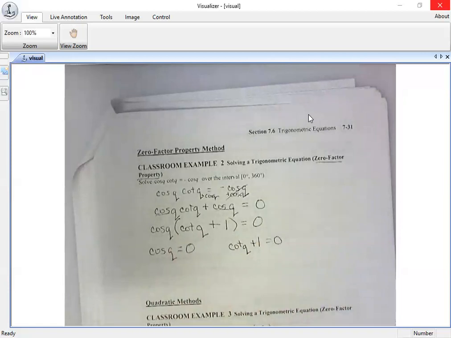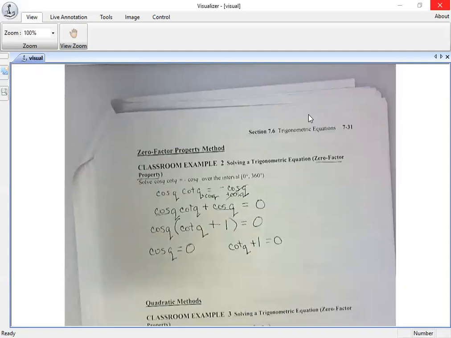Okay, so let me explain this one more time. This did not say that you're trying, like if we were back in 7172, it would have said to verify the identity. In other words, we would have tried to rewrite this side to make it look like that. That's not what this said. This said we're going to solve it. In other words, you got to tell me what angle Q needs to be to make this true.